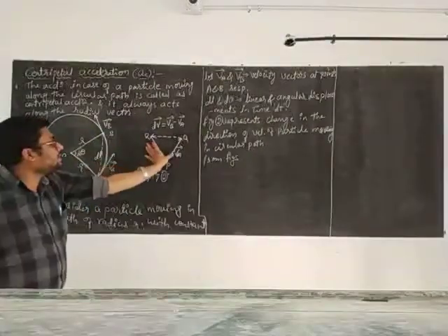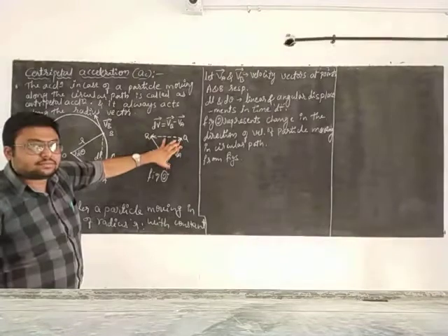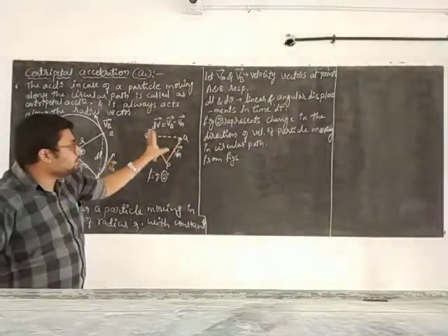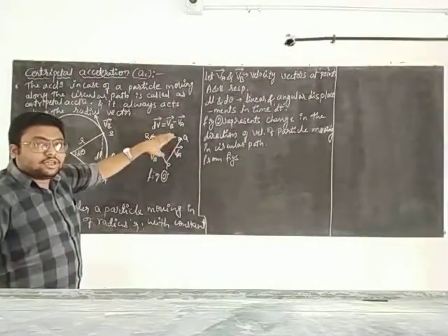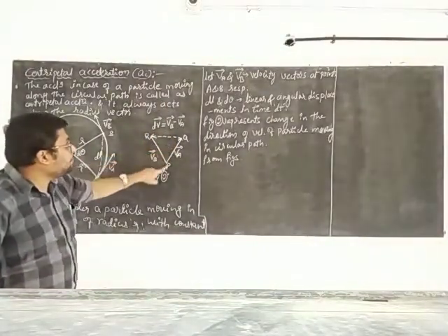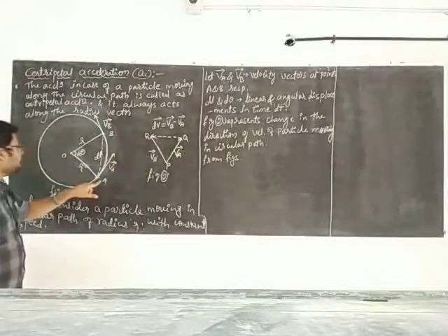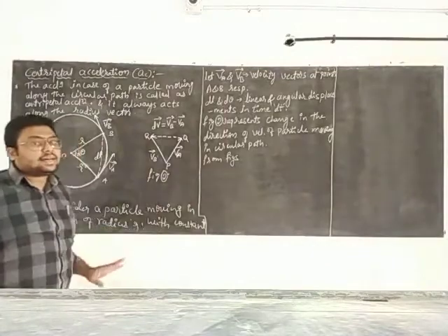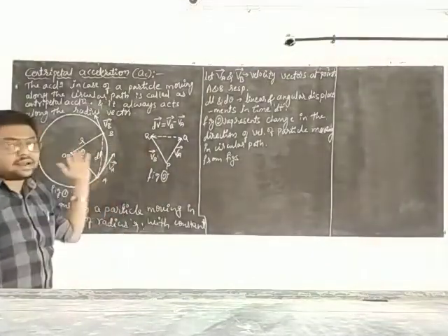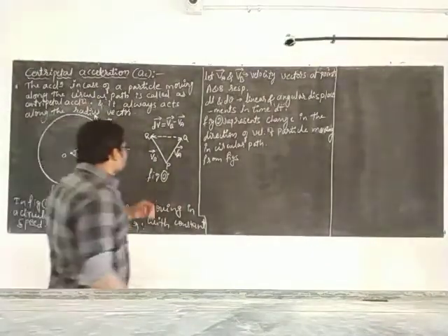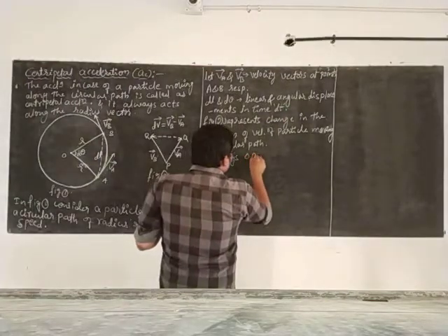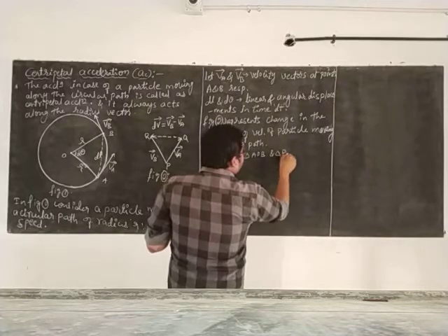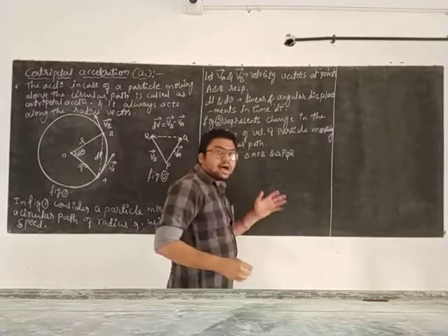If you turn this triangle in the right side direction, you can observe the triangle PQR and the triangle AOB are similar triangles. So from the diagram, you can say that triangle AOB and triangle PQR are similar.